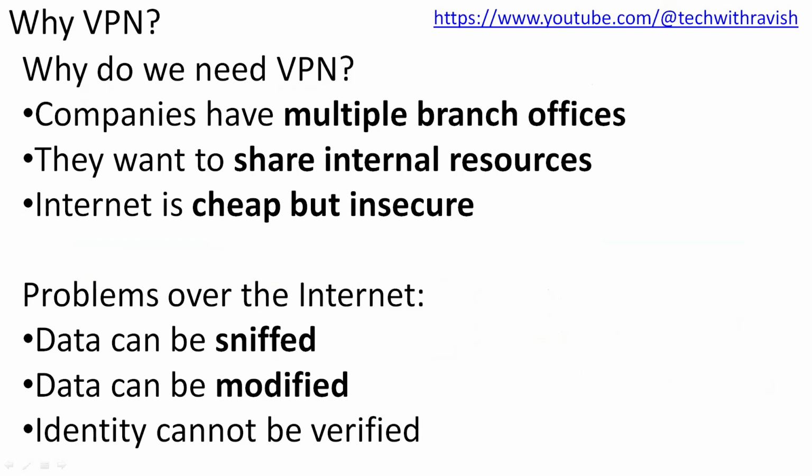Why do we use the VPN? Because companies have multiple offices and they want to share internal resources. The internet is really cheap but insecure. The problem over the internet is that data can be sniffed, modified, or any person whose identity is not verified can also capture your data, right or not?